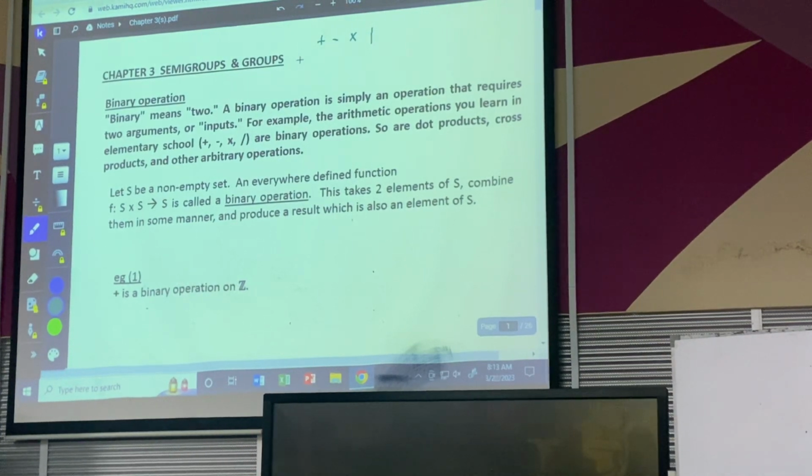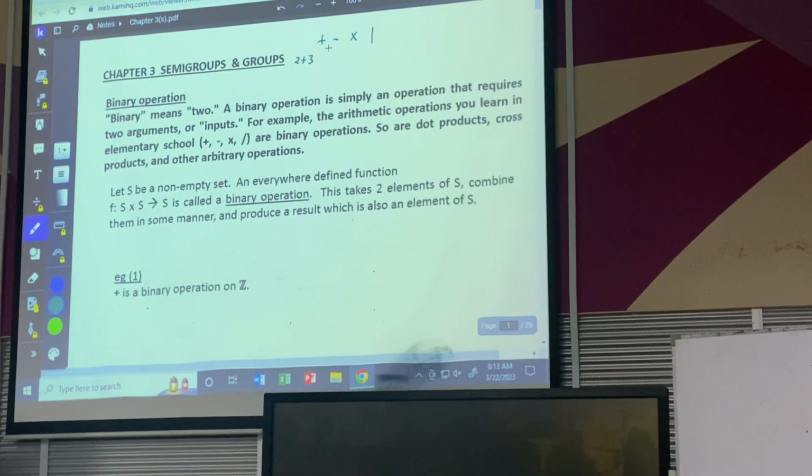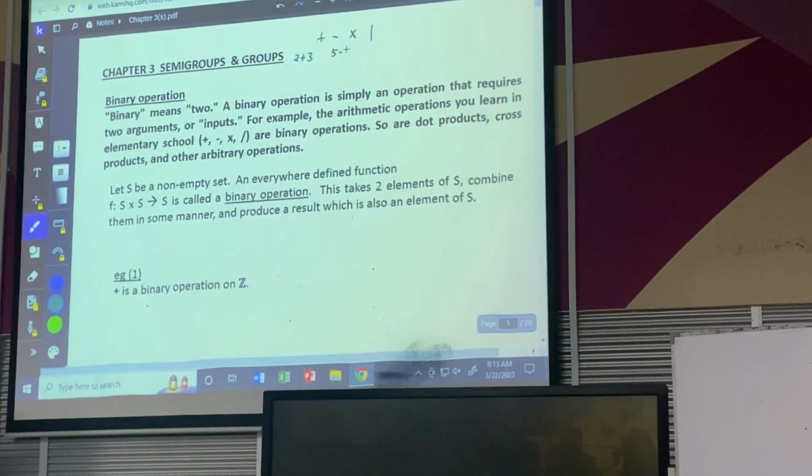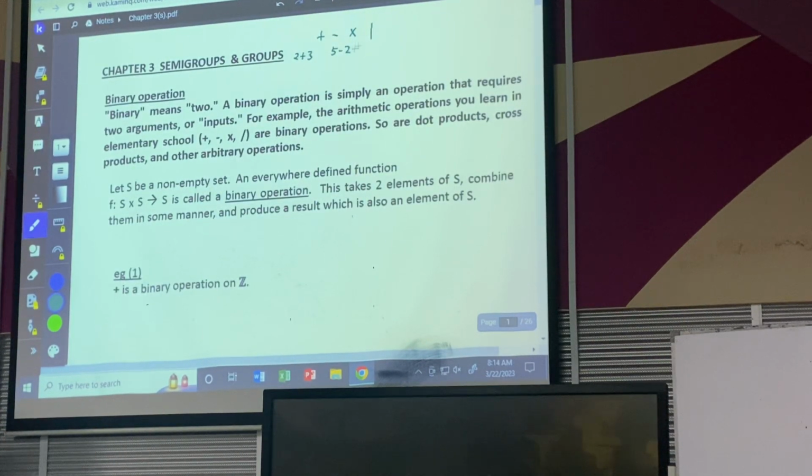For example, 2 plus 3, after that you find the answer. And also 5 minus 2 to get the answer. This we call a binary operation, where you have the operator in the middle, and the operands on either side of the operator. This is what you have learned before.